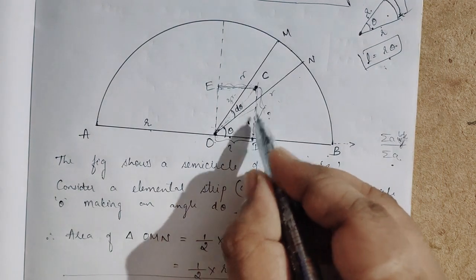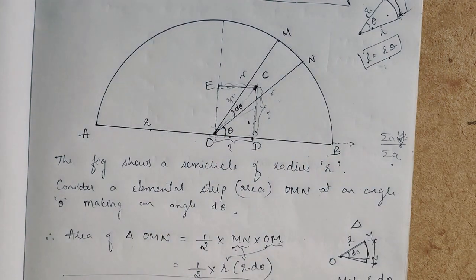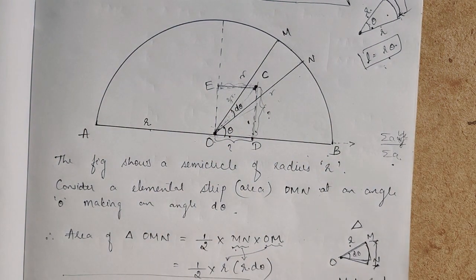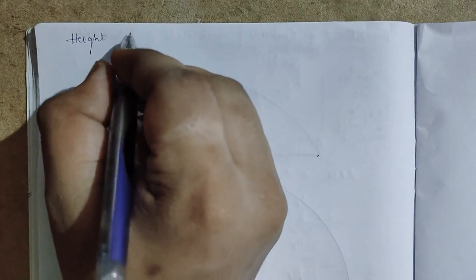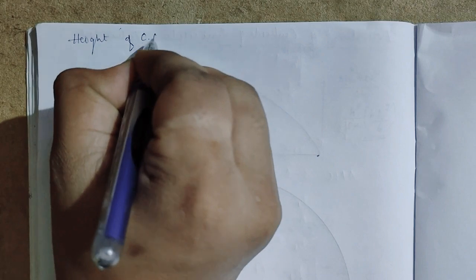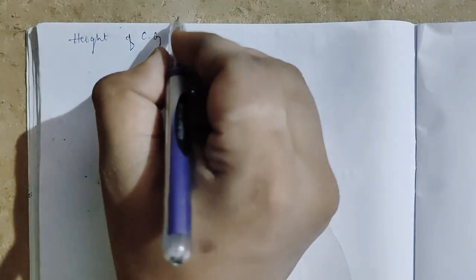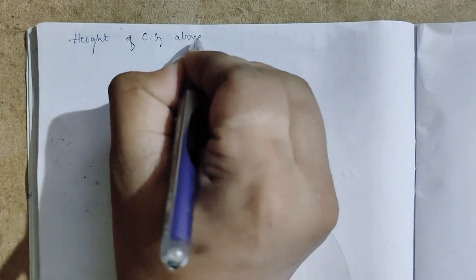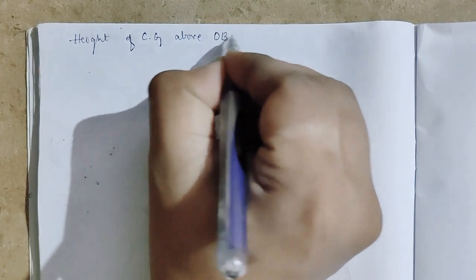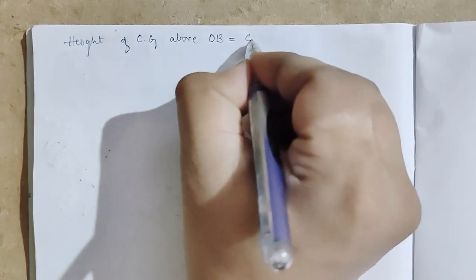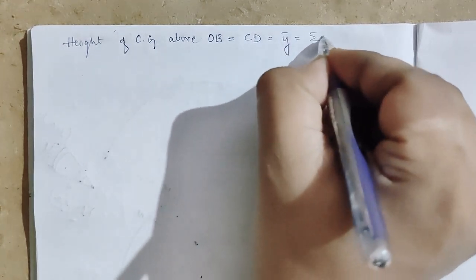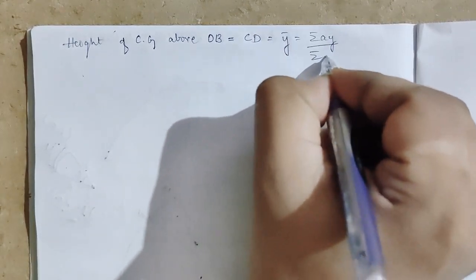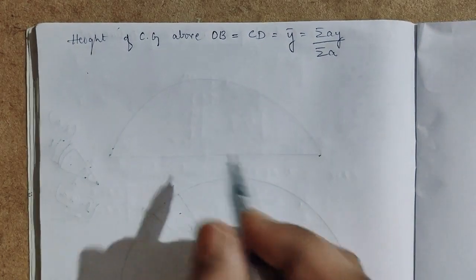Now, I found CD and CE with the help of the elemental strip. So the height of CG, I'll take the height of CG above OB, that is equal to the distance CD, and that is the distance we are finding for sigma AY by sigma A from the formula.